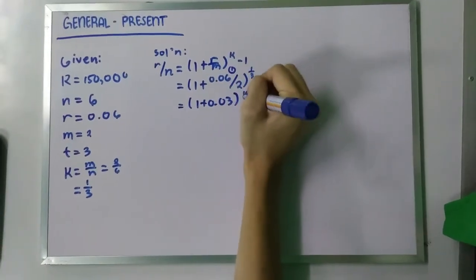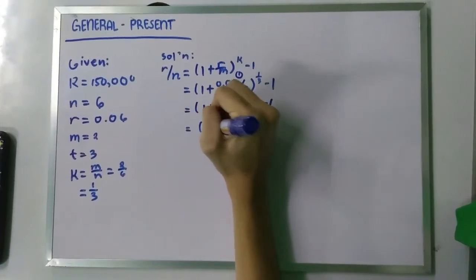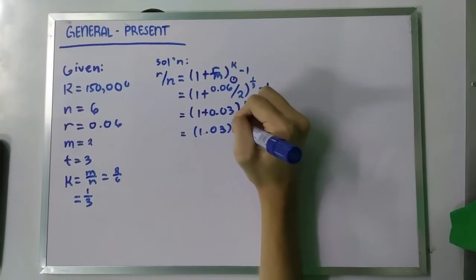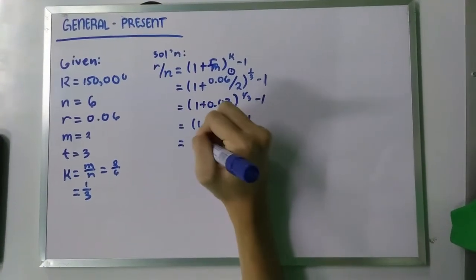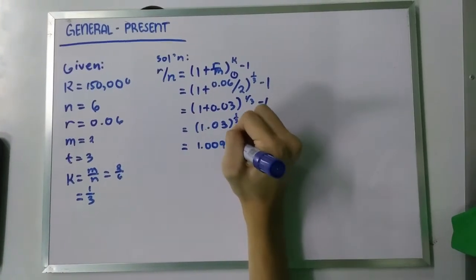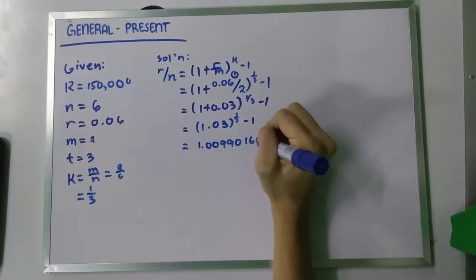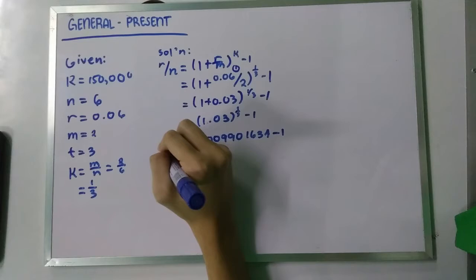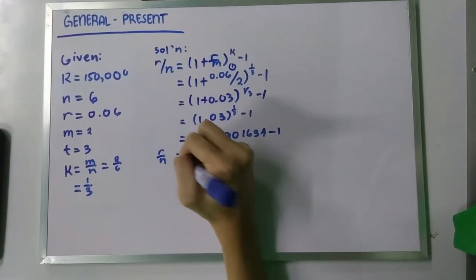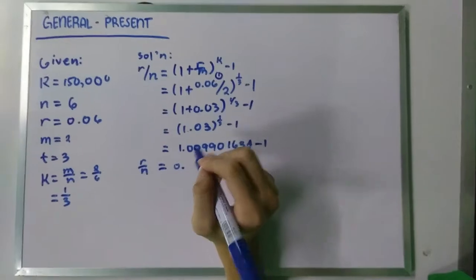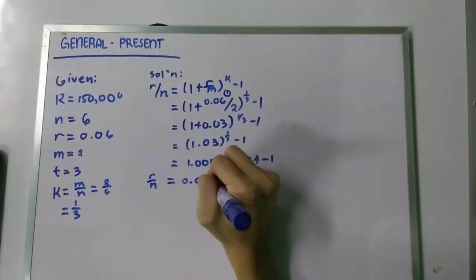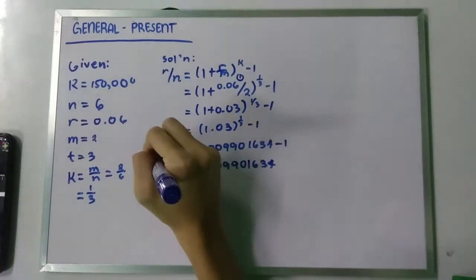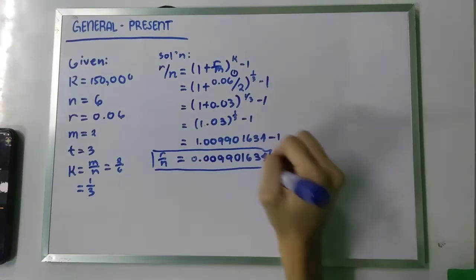Added to 1, now it is 1.03. 1.03 to the power of 1/3 is 1.009901634, minus 1. Now, we should subtract it to 1, and we have r over n is equal to 0.009901634. And there you go.